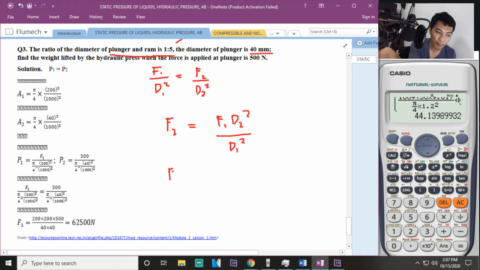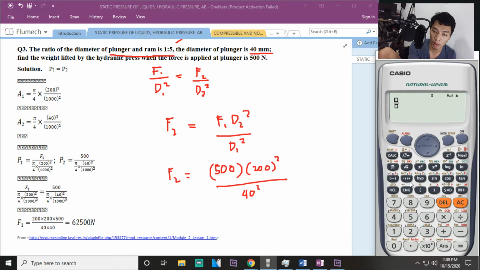So, that is 500 newtons times 200 squared over 40 squared.